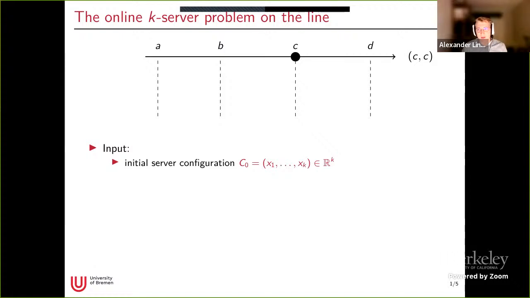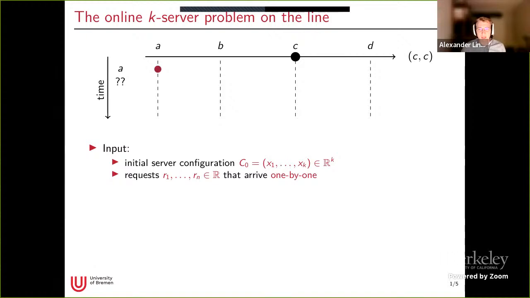So let's consider some real line. The first part of the input is an initial server configuration, which tells us where our k servers are located in the beginning. In this example here, we have just 2 servers located at C. Then the second part of the input is a sequence of n requests of points on this line, which arrive one by one.